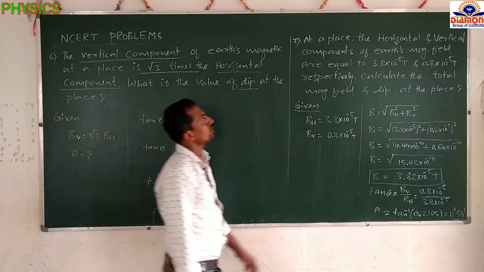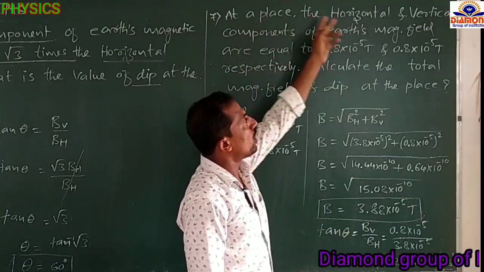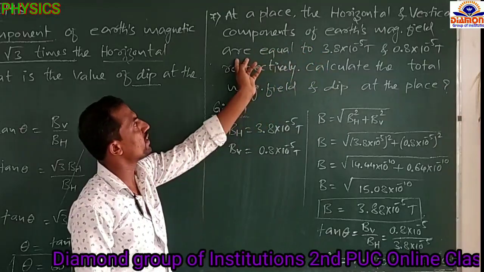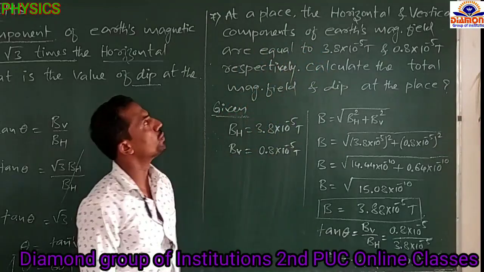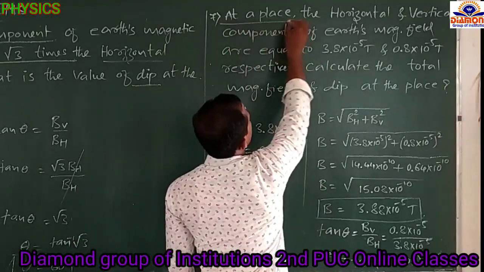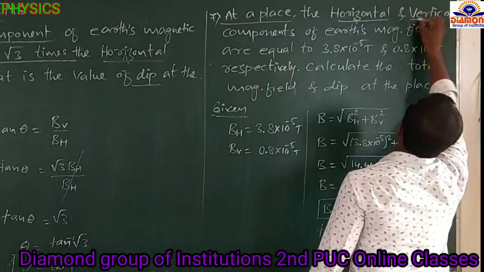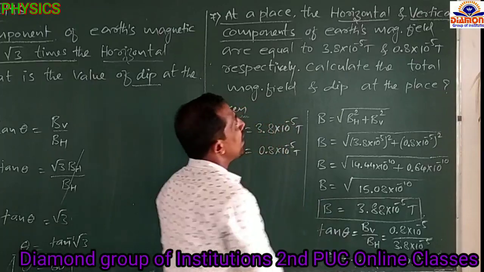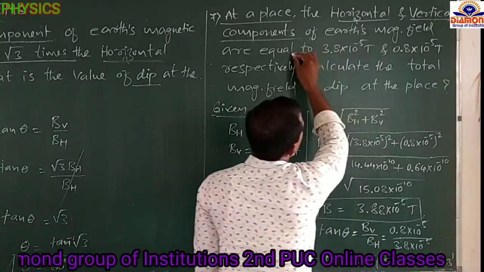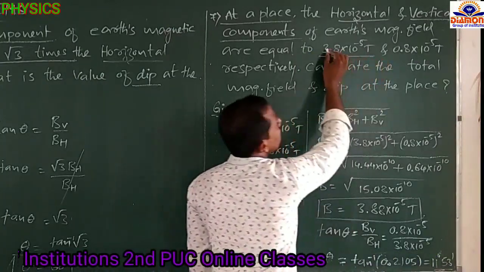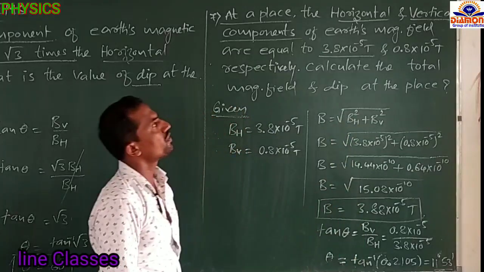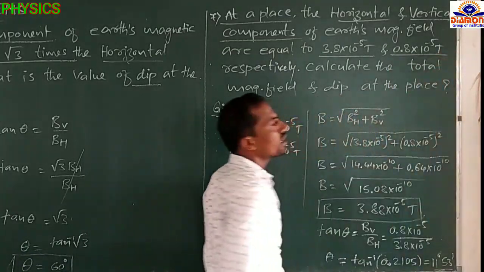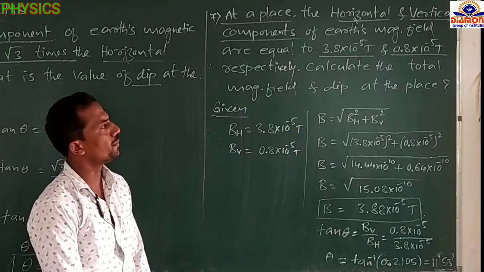The next problem: at a place, the horizontal and vertical components of earth's magnetic field are 3.8 times 10 to the power of minus 5 Tesla and 0.8 times 10 to the power of minus 5 Tesla.